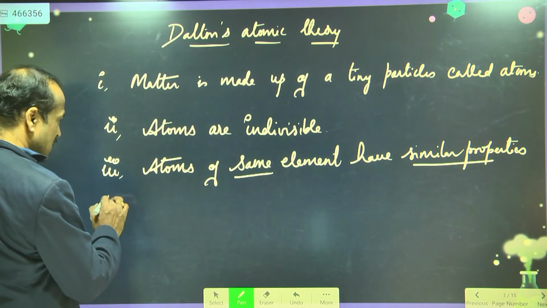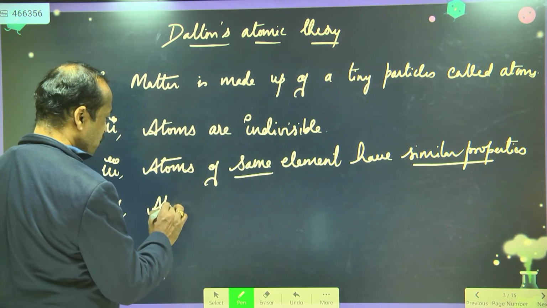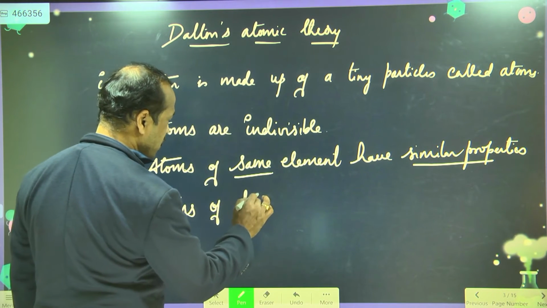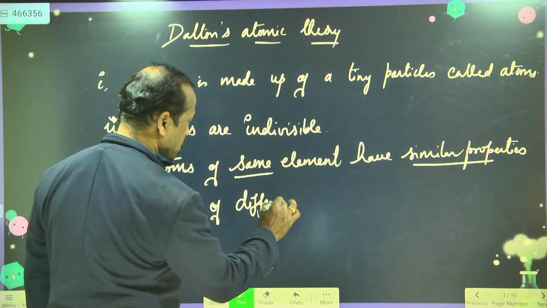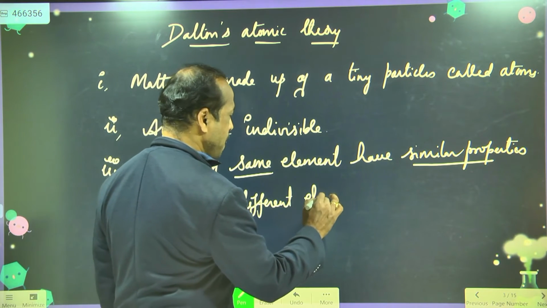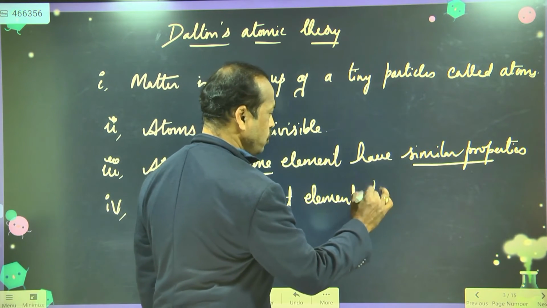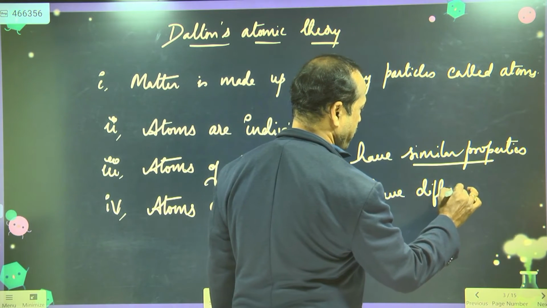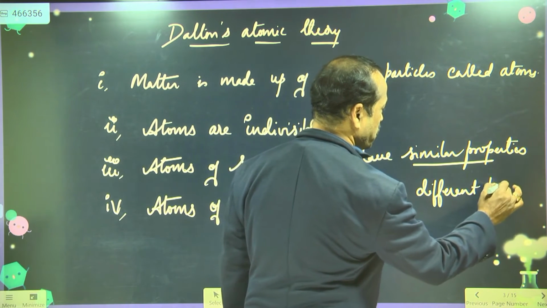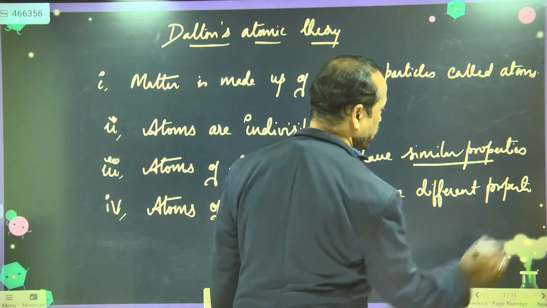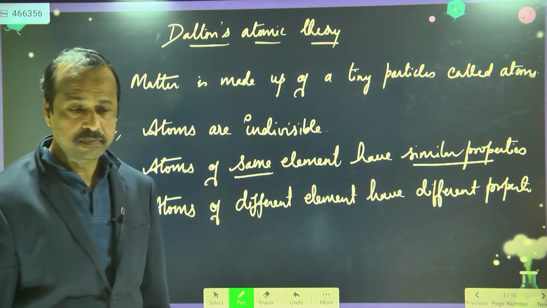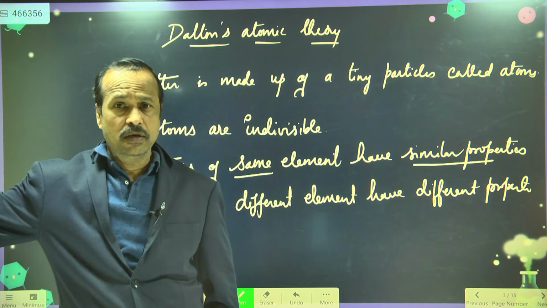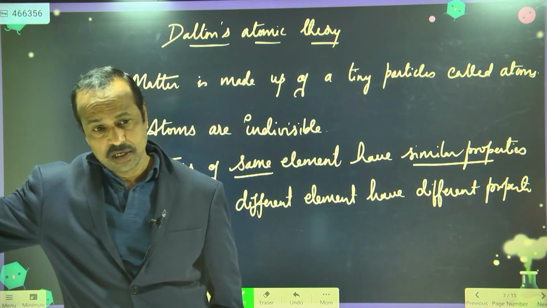Now the fourth one: atoms of different elements have different properties. The meaning is, for example, you take one copper atom and one gold atom. Both are metals, both are good conductors, both are solids.